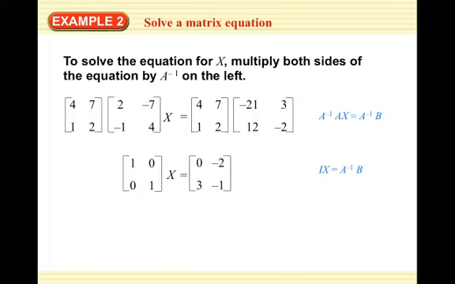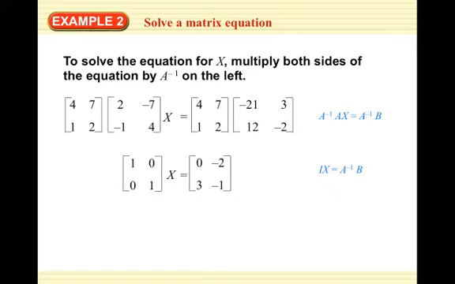On the right, we have to multiply the 4, 7, 1, 2 times the -21, 3, 12, -2. So 4 times -21 is -84, plus 7 times 12 is also 84. -84 plus 84 is 0.